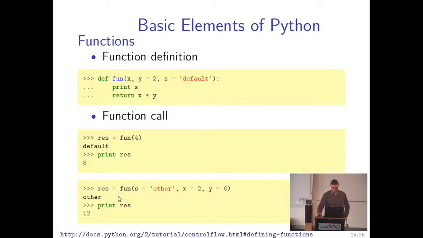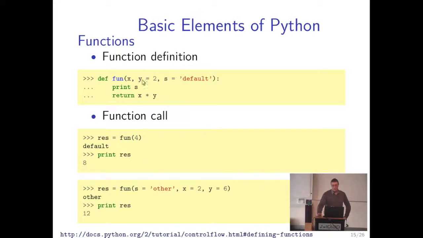For example, when you call the function with the parameter s equals other, x equals 2, y equals 6, then this will work exactly the same as if you would have said function 2, 6, other, just that you now use the parameter by name.